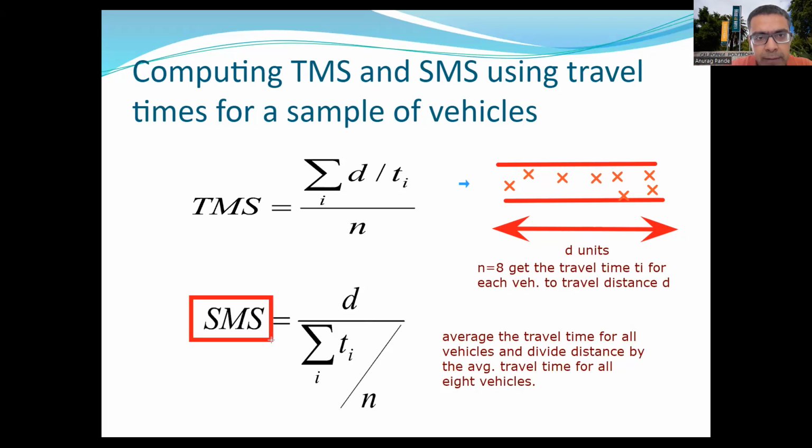Space mean speed is a more meaningful concept because that's the one that leads to its relationship with the flow rate and the density, the concept that we're going to talk about. Again, I strongly recommend watching the video in the description of this video, but also on your Canvas page, that specifically deals with this concept, the short video by Dr. Bertini. You must watch that to clarify these concepts.